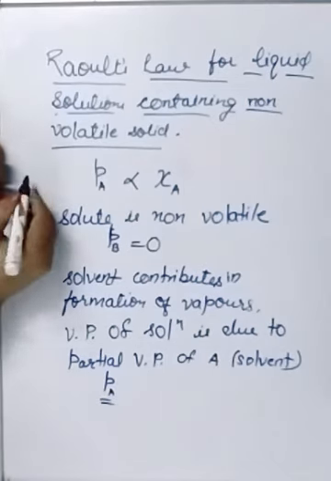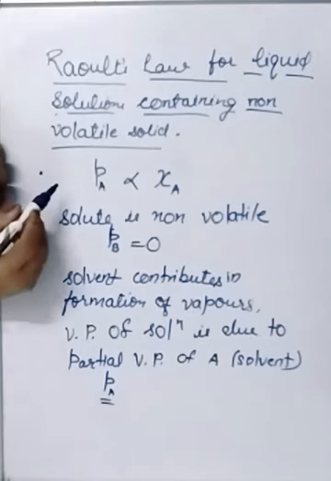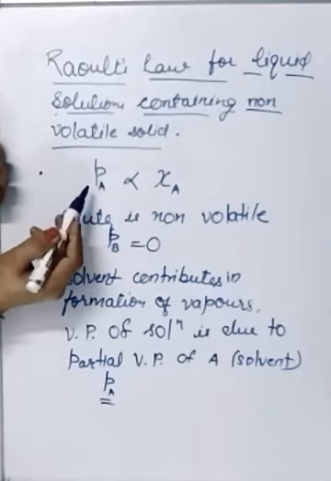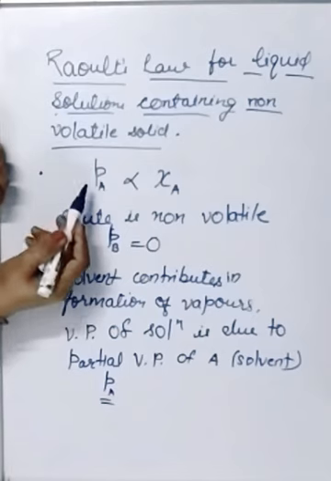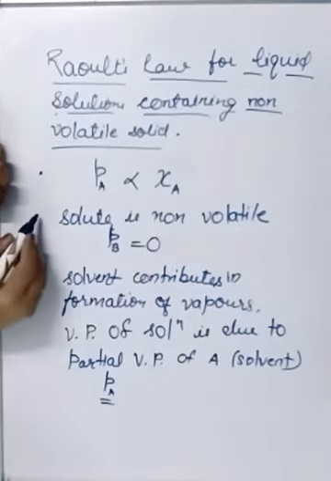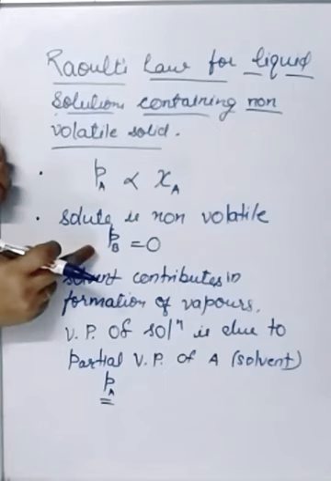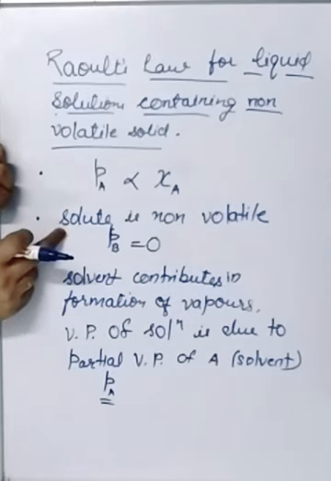These two things we have to remember. One, as per Raoult's law, partial vapor pressure of a component in the liquid solution is directly proportional to its mole fraction. Another thing we have to remember, if solute is non-volatile, then partial vapor pressure of solute in the solution will be 0, because it is not contributing in formation of any vapors.